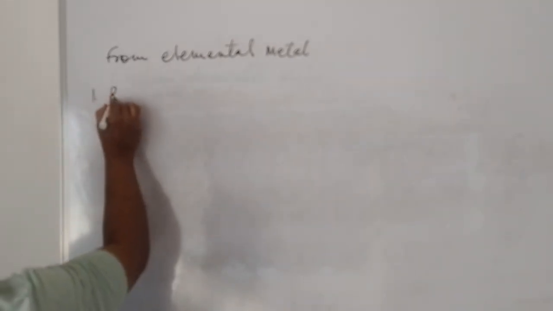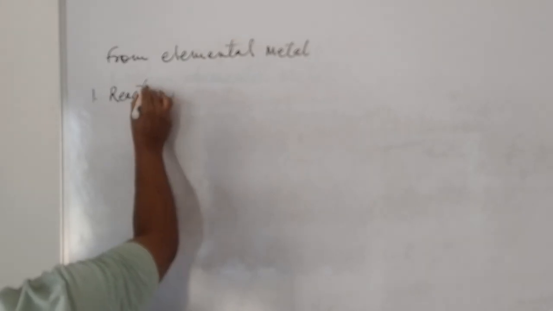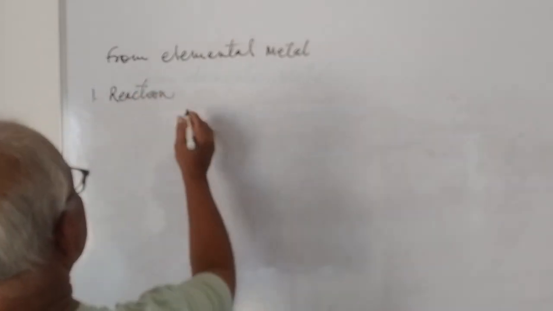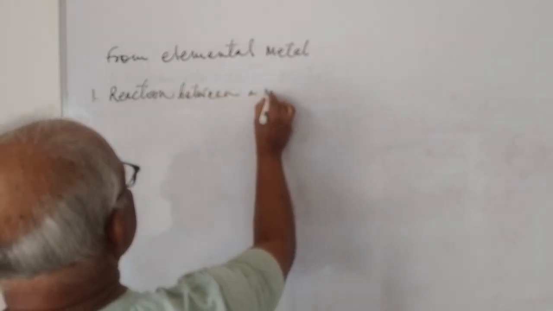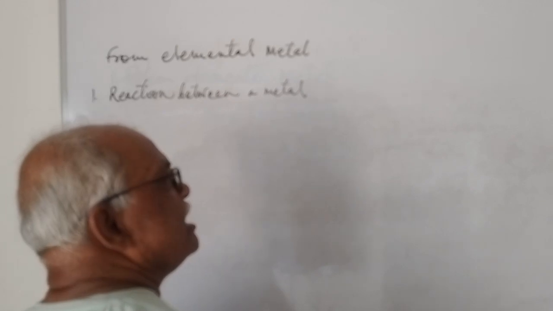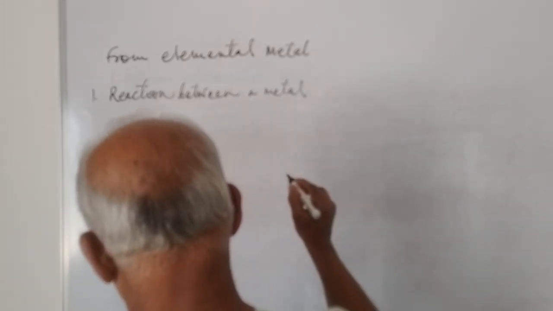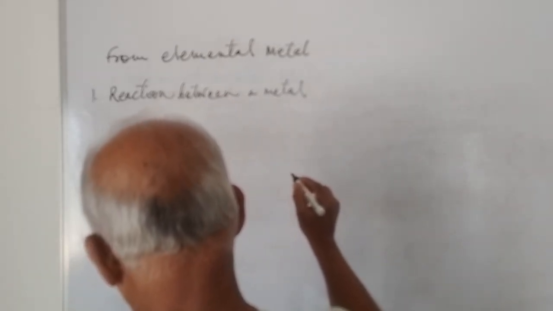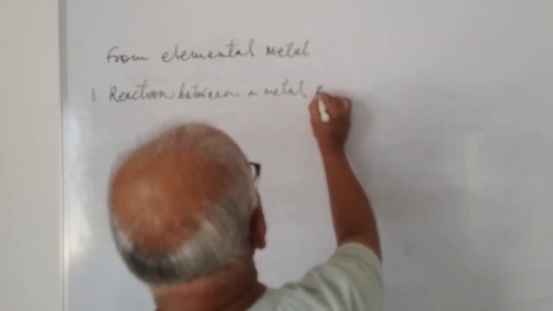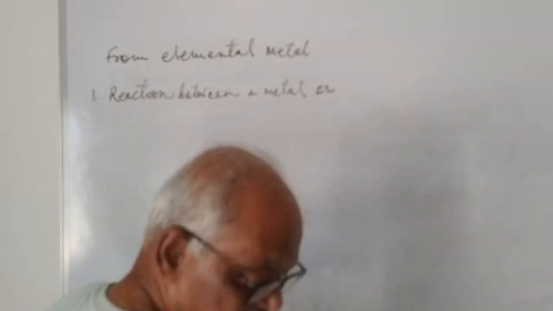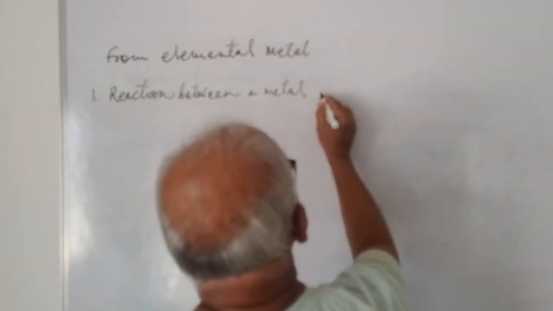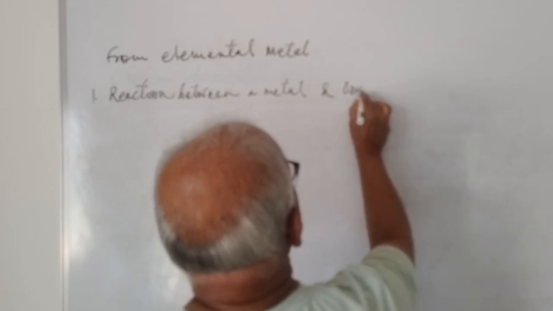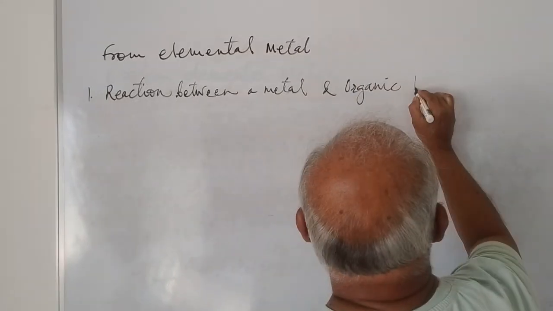There are several methods, such as a reaction carried out between a metal and alkyl halides or organic chlorides, that is, organic halides.